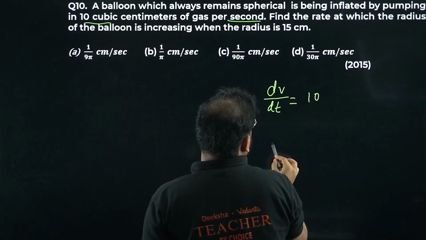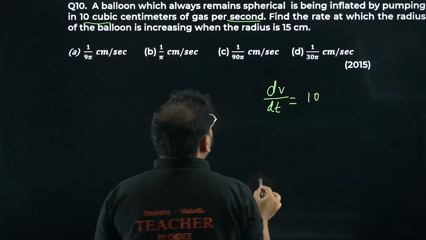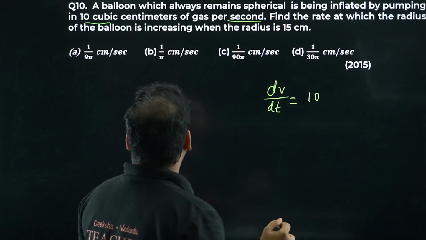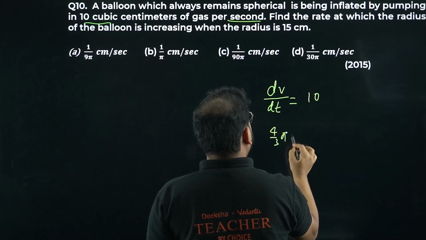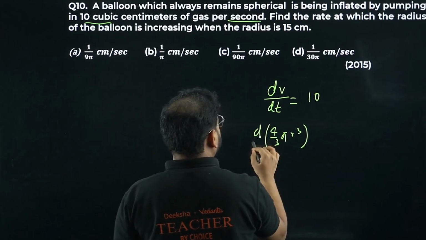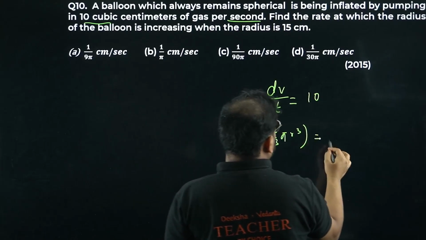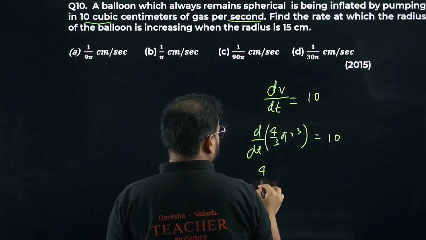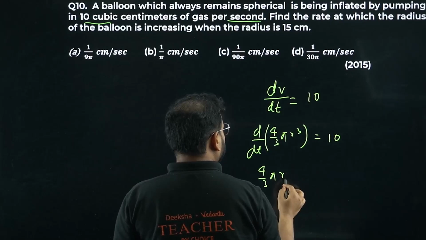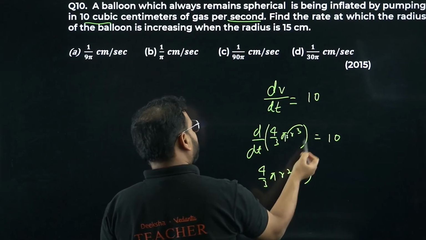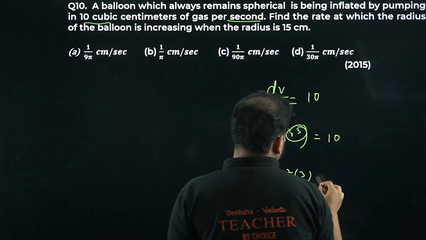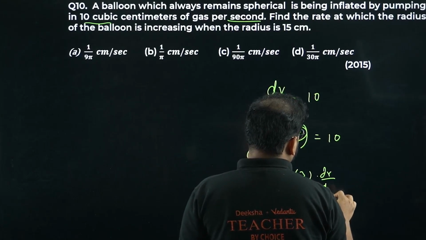We have the formula for V, so it's going to be 4 by 3 pi r cube. Derivative: we'll have 4 by 3 pi, and of course 3r square, because the derivative of r cube will be 3r square, and you have dr by dt equals to 10.